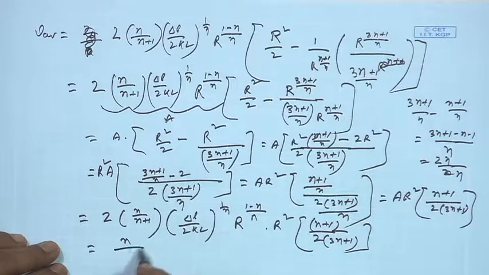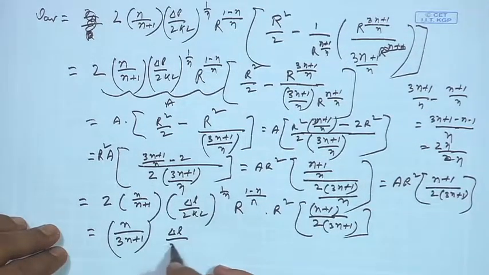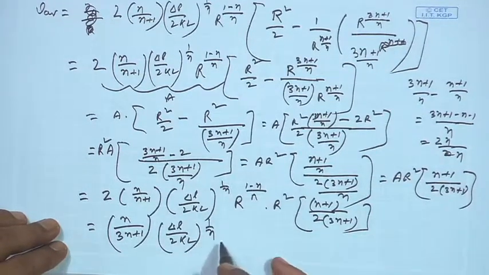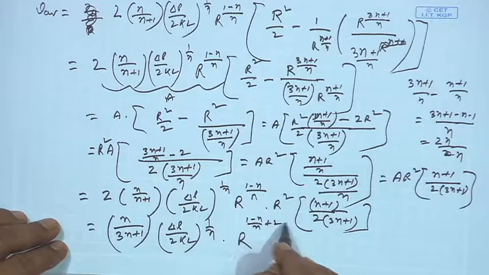So, n by 3n plus 1, this is delta p by 2kL to the power 1 by n and r to the power 1 minus n by n plus 2.